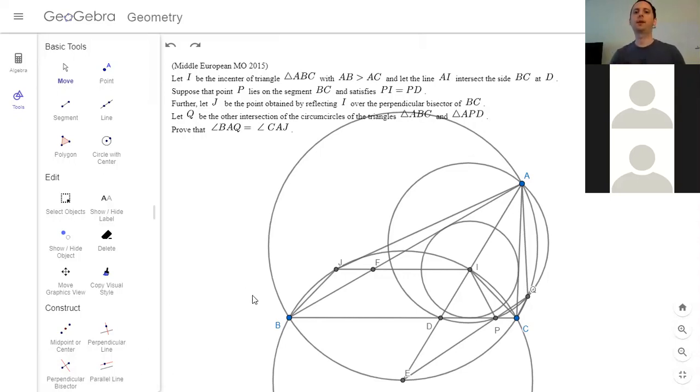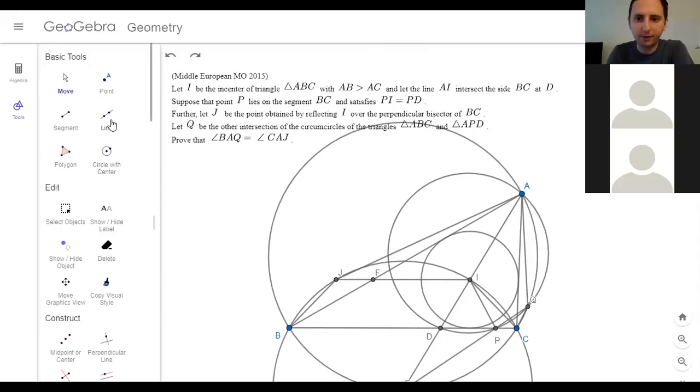So we have to use that PI is equal to PD. That's what we had trouble doing before. Can I extend AJ to meet ABC? Yes.